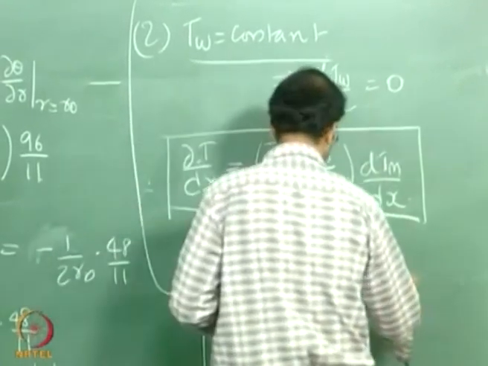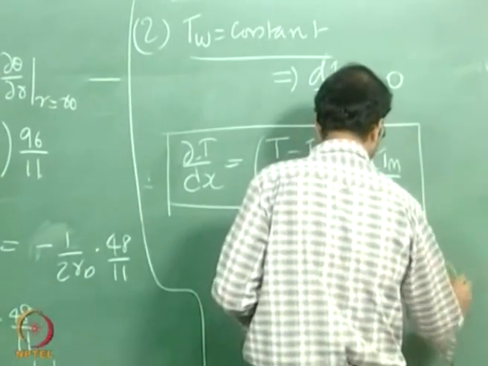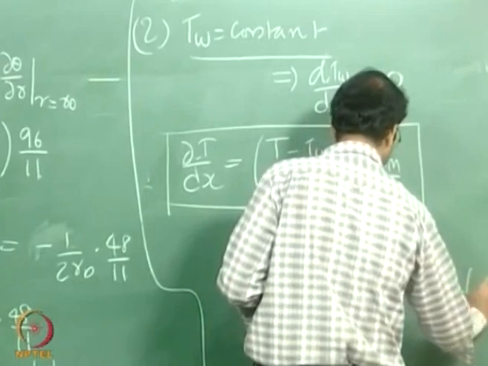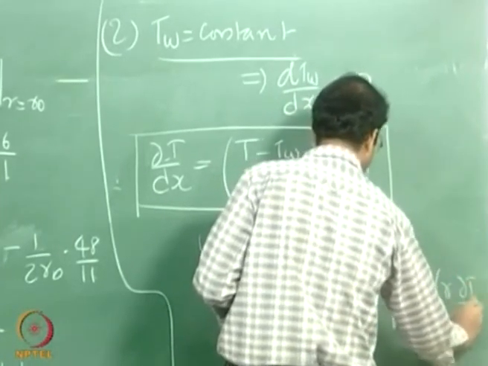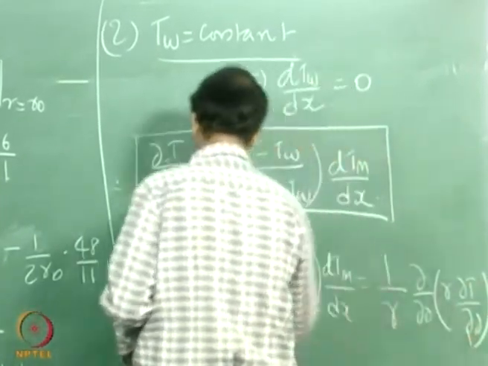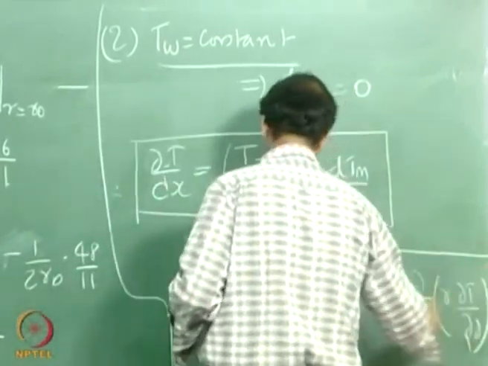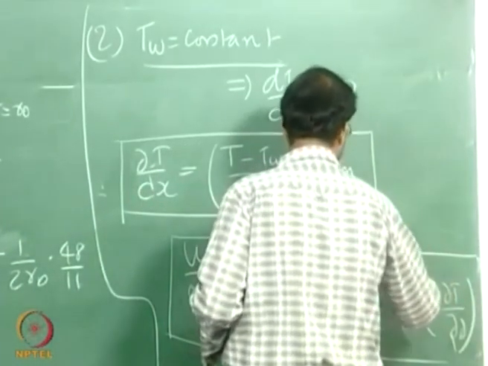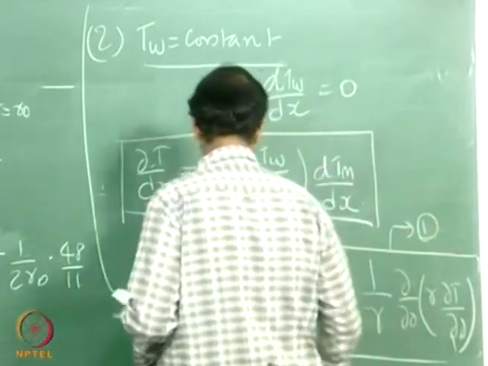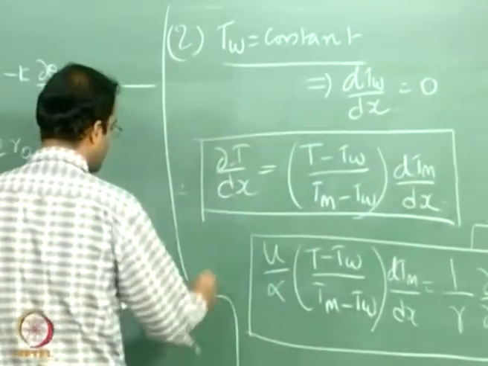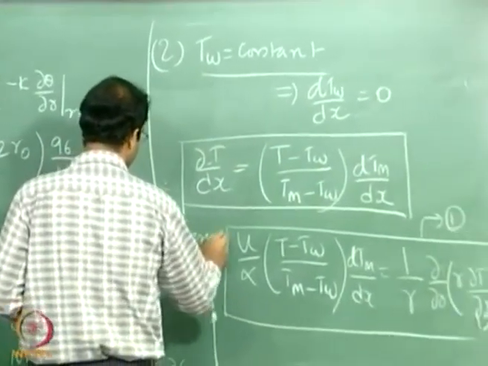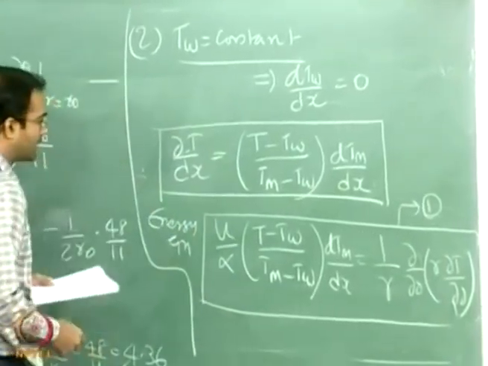So this is equal to, of course, your 1 by r d by dr into r dT by dr. So now this is what you need to solve. Okay, let me call this equation number 1. So this is the energy equation which you need to solve to find the temperature profile.